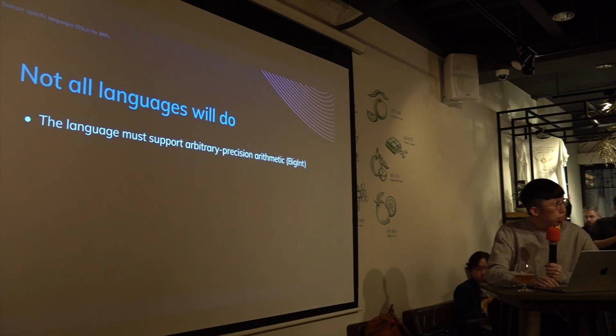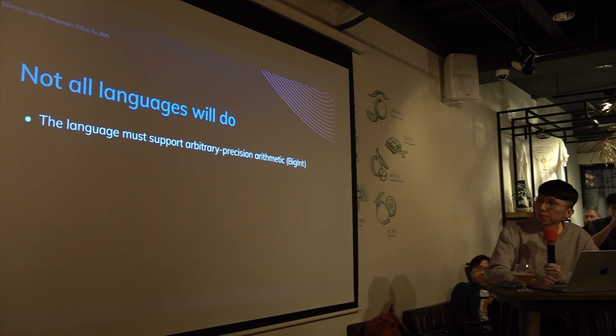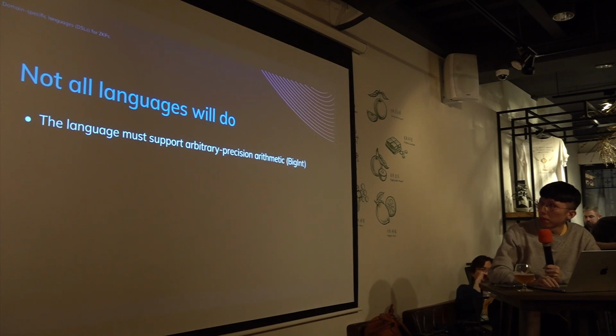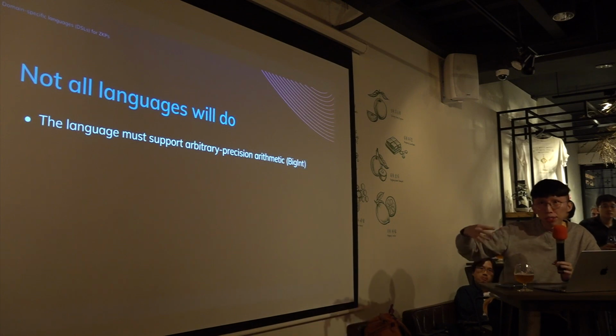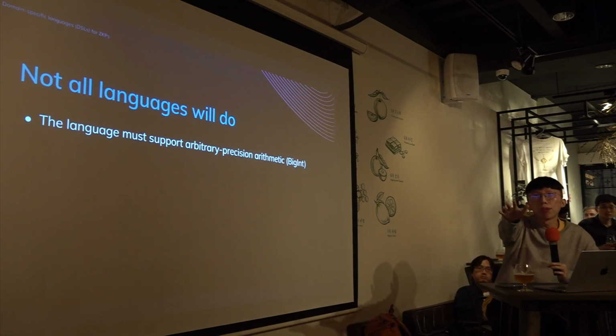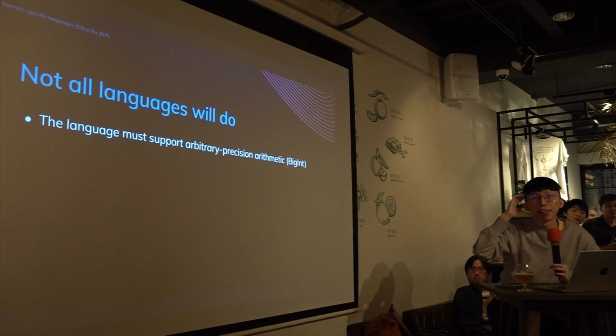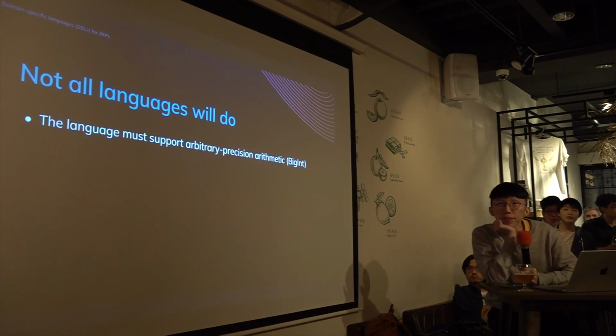But the problem is not any programming language will do. A language for describing ZKPs will typically have to support arbitrary precision arithmetic, such as numbers of arbitrary length. Do you have any questions? You don't need arbitrary precision, right?